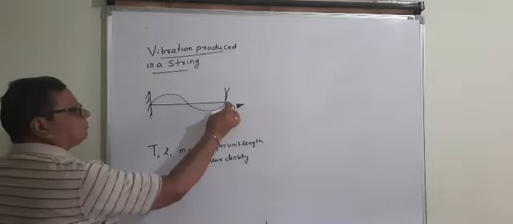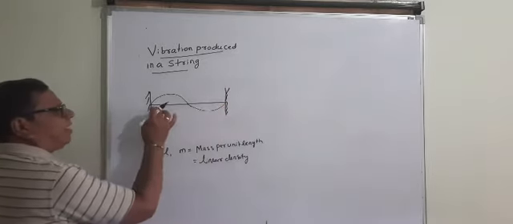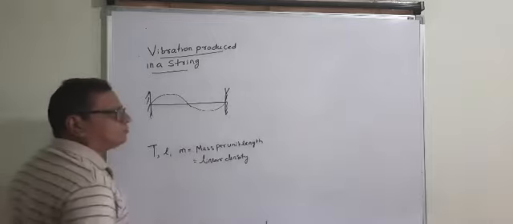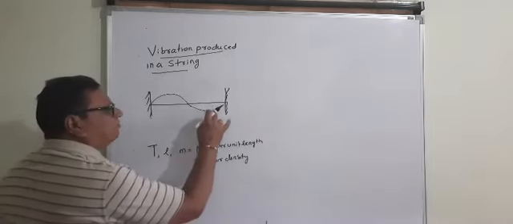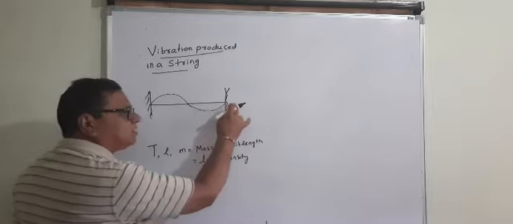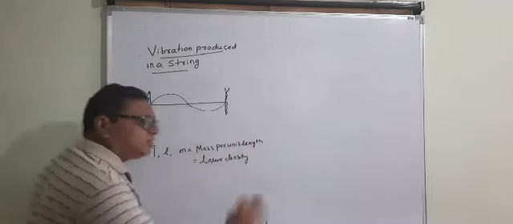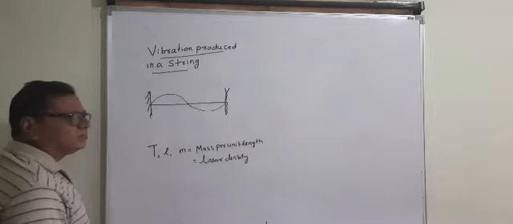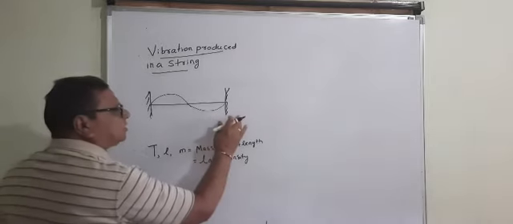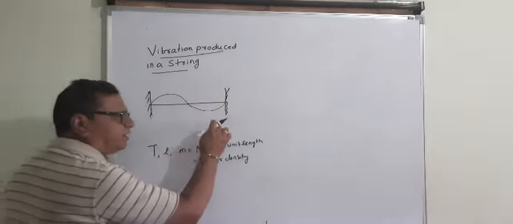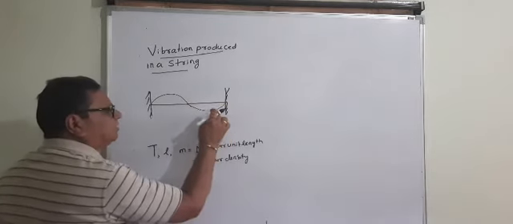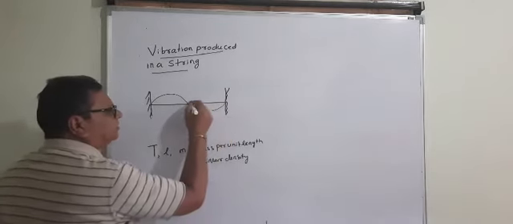These transverse waves reflect from the fixed end points. If the fixed point is a denser medium, a crest is reflected as a trough and a trough is reflected as a crest.